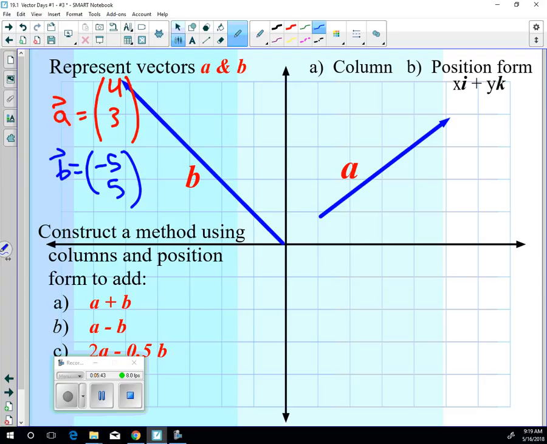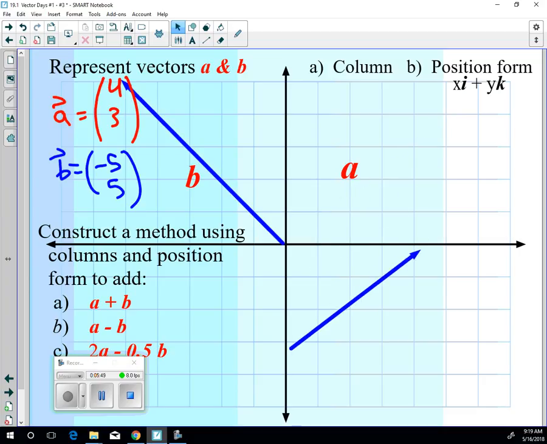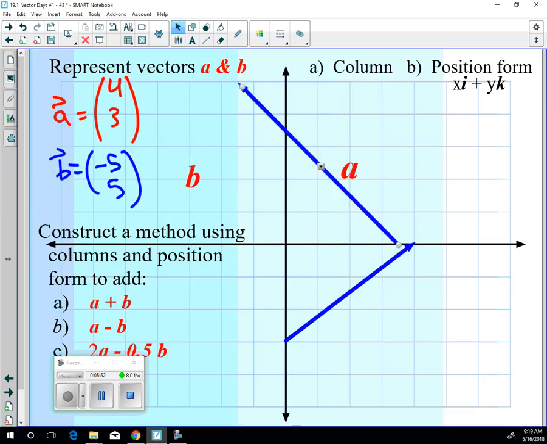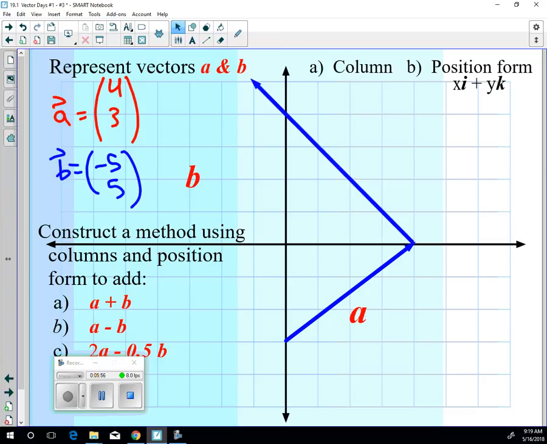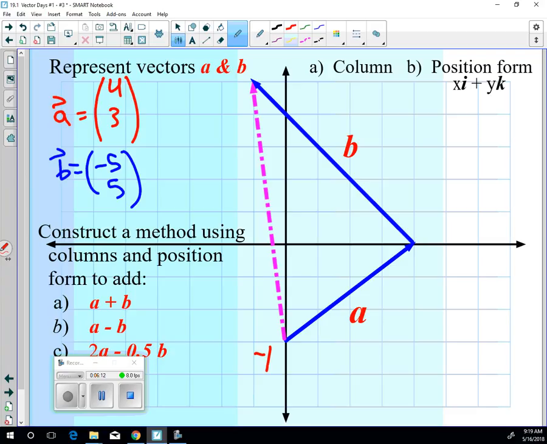So now what we can do is we can add these just like we did before. I'm going to run out of space, so I'm going to start down here. I'm going to go A plus B. So here's A, and here's B. Now, if you look at my answer, it looks like to go from the tail of the first to the head of the last, we're going back 1, and we're going up 1, 2, 3, 4, 5, 8.